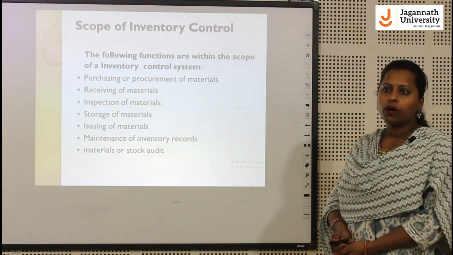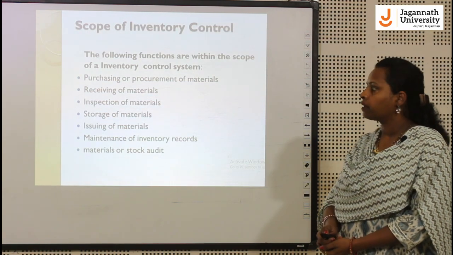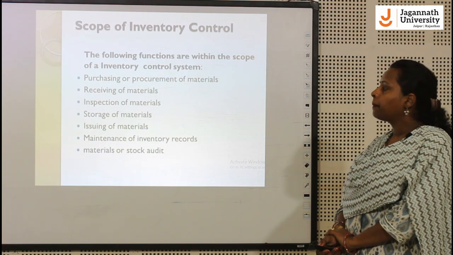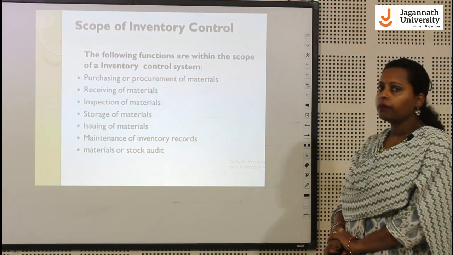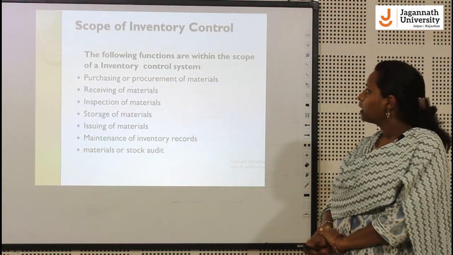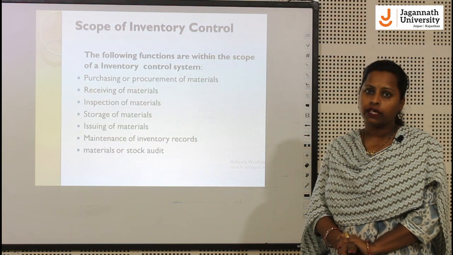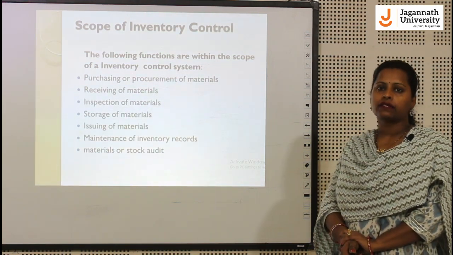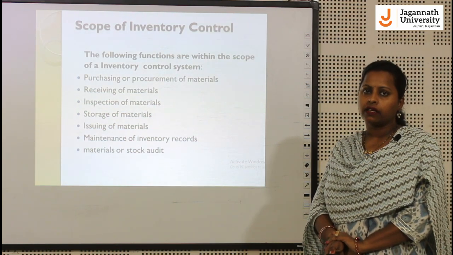So here is the scope of inventory control. The following functions are within the scope of the inventory control system. The purchasing or procurement of materials, which means to collect the materials. Receiving materials at the workplace. Inspection of materials, whether they are good or not, whether they are up to the standard quality or not. Storage of materials at the proper place, for which we will discuss the ABC control technique further.